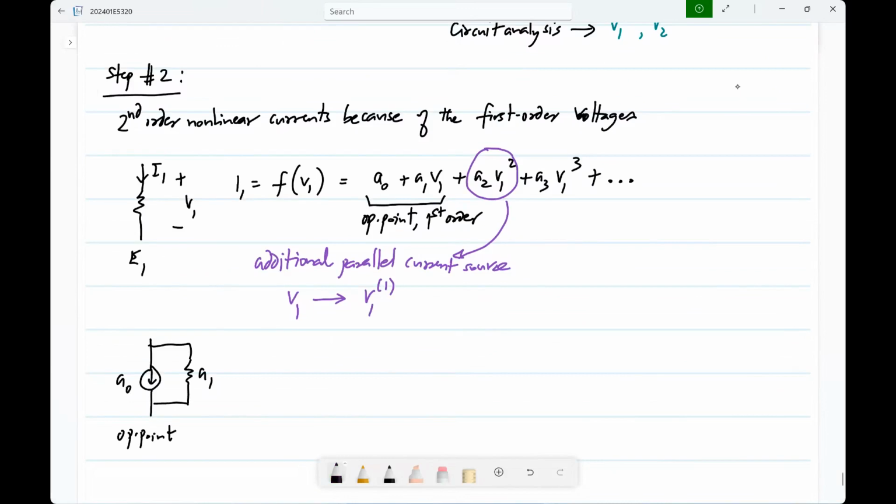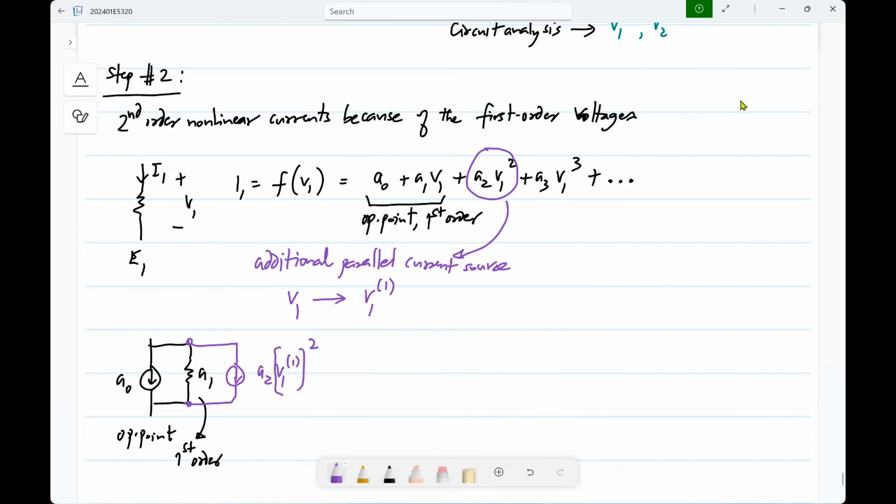And for the second order, I will use this current as the input. Okay. So in the previous lecture, we saw an example with sinusoidal sources, in which case you will have, if the V1 of 1 is a sinusoid, then this will have a DC term and a sinusoid at double the frequency. But in general, it can be any waveform. Okay. Most commonly, we do it with sinusoids.